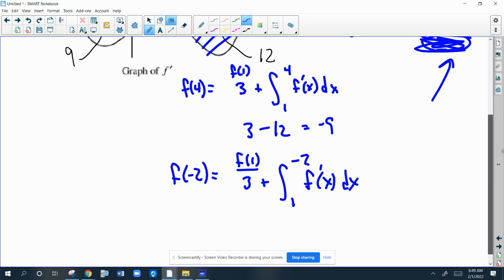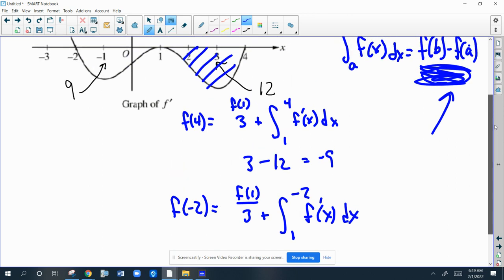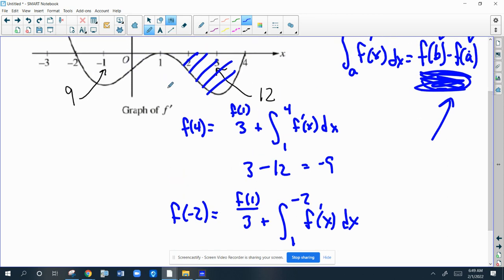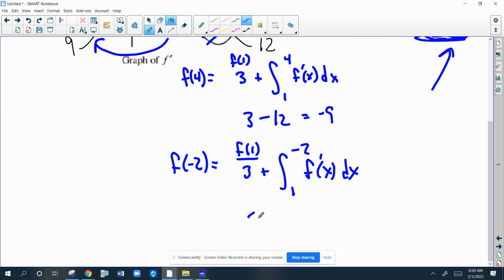The reason I thought you may have to be careful here is because from 1 to -2, remember we're going backwards. So even though this area is 9 and the integral normally counts it as negative 9, since we're going backwards, the integral would count this as positive 9. So we just have 3 plus 9, which is 12.